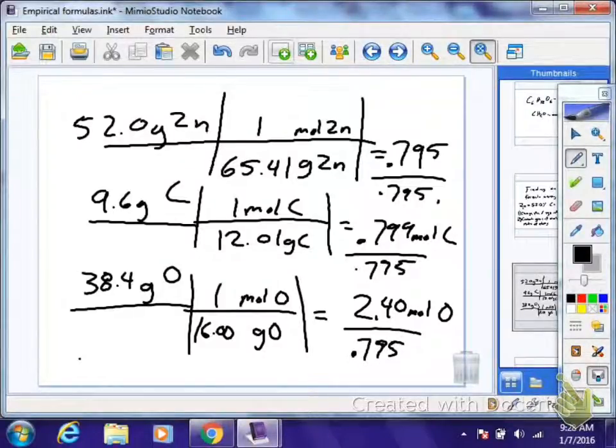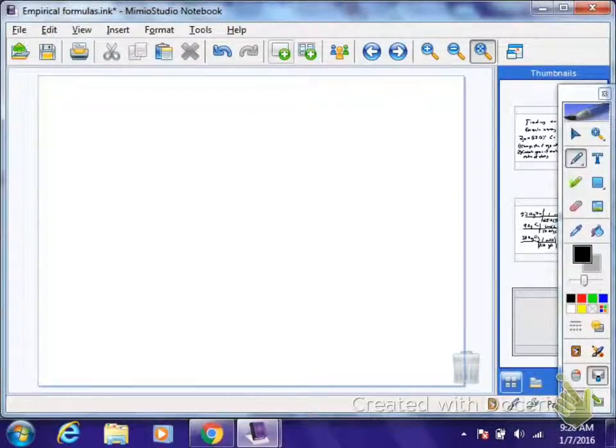You go ahead and do that and see what you come up with for your numbers. So the third step is to divide by the smallest number of moles. You have that on your paper, so you don't need that shown to you.